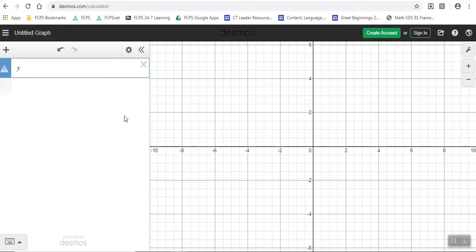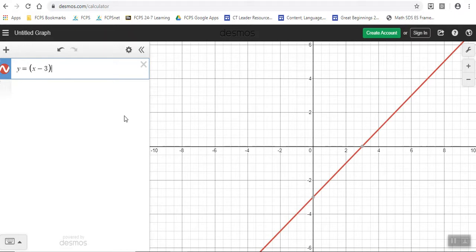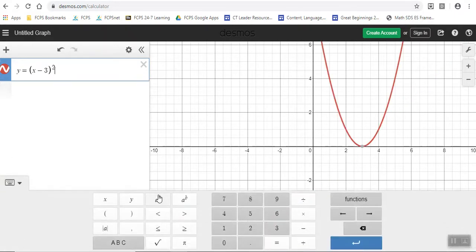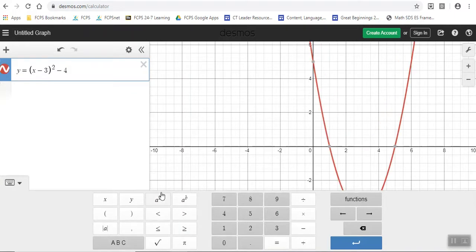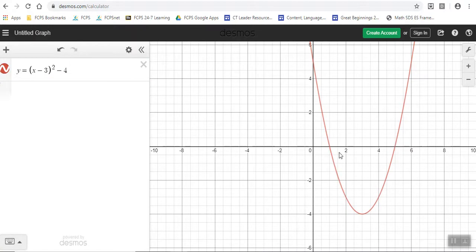Alright, so I'm doing y equals (x minus 3) squared, and then minus 4. So I need to see if these points are going to match. So this one right here was my vertex at (3, -4), so that works.